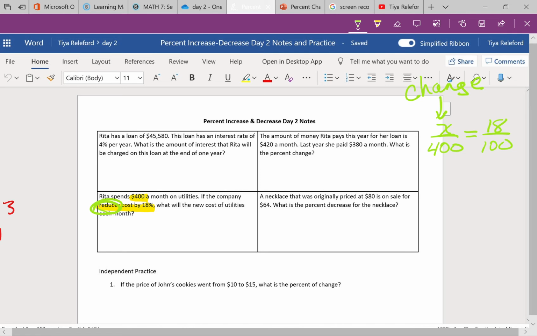So go ahead and solve this proportion to find how much it changed. Now you have one more step. When you find out how much it changes, you have $400 a month plus the change. So after you do the proportion, you have one more step.